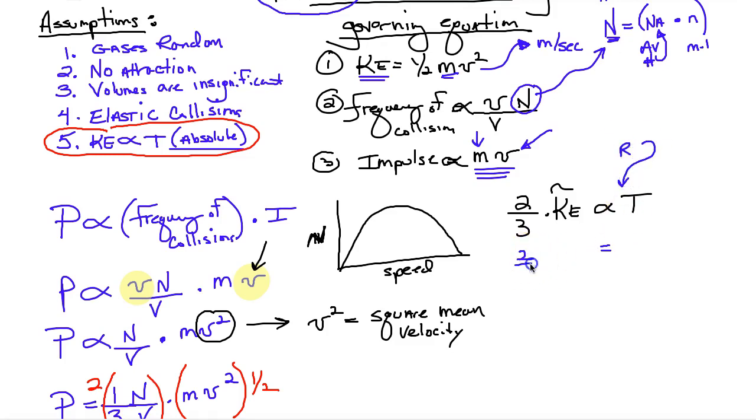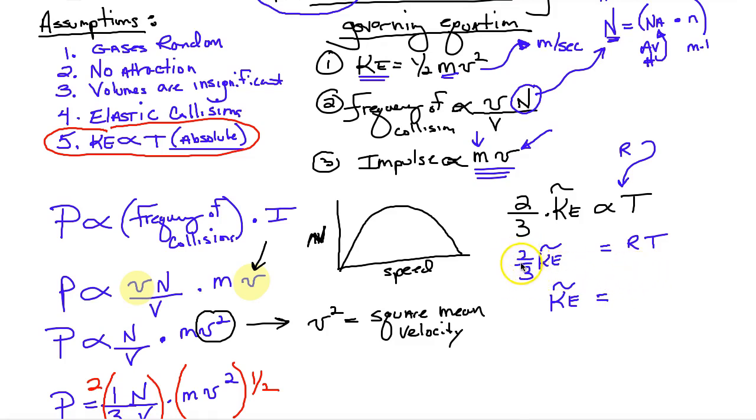So 2/3 KE squiggly, molar kinetic energy, is equal to RT. Okay, let's solve for kinetic energy.